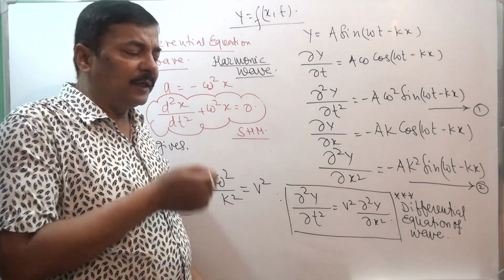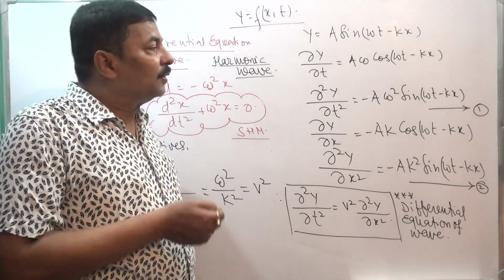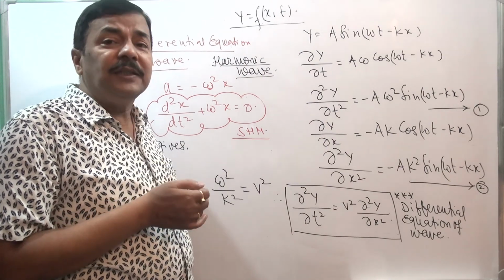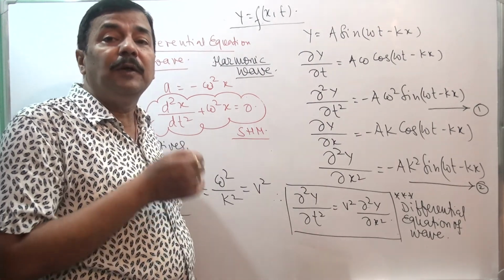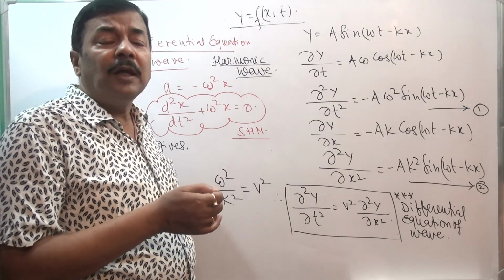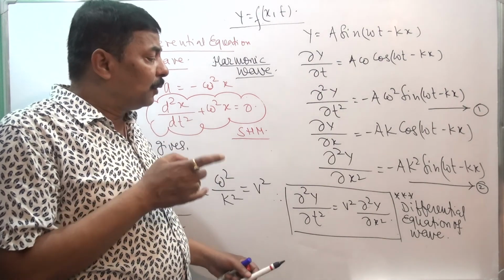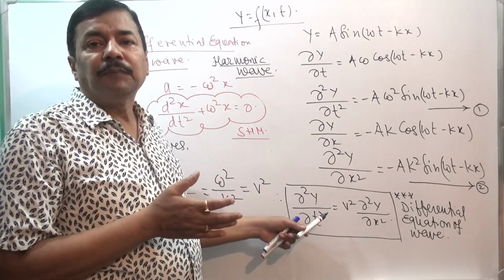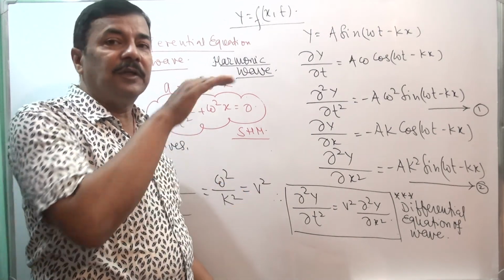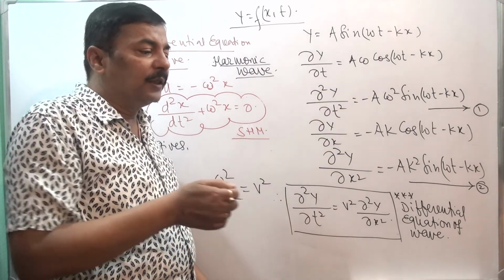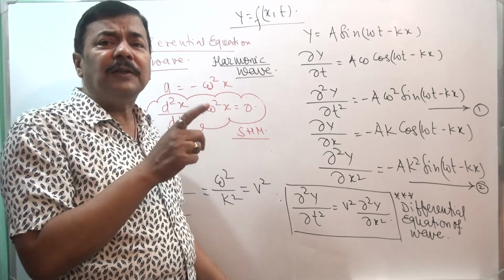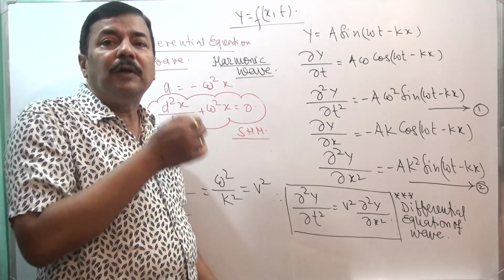If the source is doing simple harmonic motion, then we can expect a simple harmonic wave. But the source can do any type of motion, and if it is a wave, it will definitely satisfy this relation. The shape of the wave depends upon the type of motion given to the source.